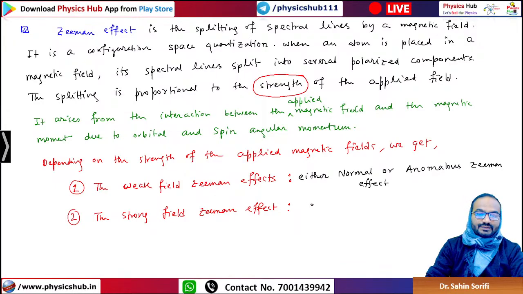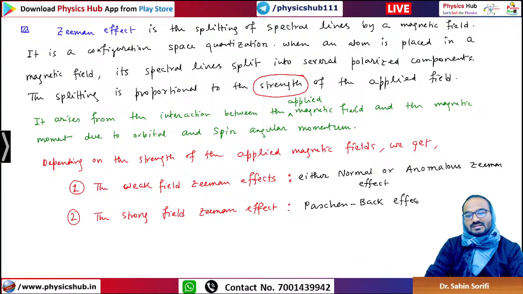And the strong field Zeeman effect is the Paschen-Back effect.